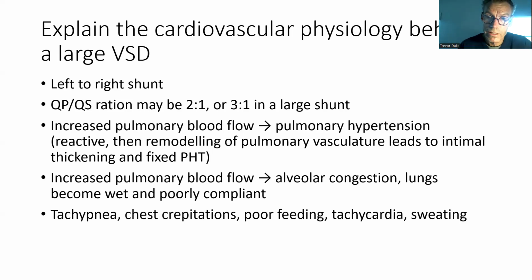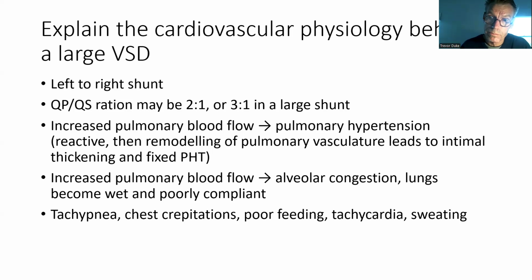But the immediate manifestations of the increased pulmonary blood flow is more alveolar congestion. And so when we see a baby with ventricular septal defect, well, they've typically got the clinical signs of fast breathing, especially with feeding, and they may sweat, and they'll be tachycardic and tachypneic, and they'll have some respiratory distress, and their lungs will sound a bit crackly, and there'll be some congestion on their lungs.